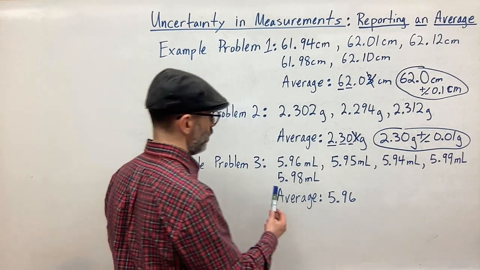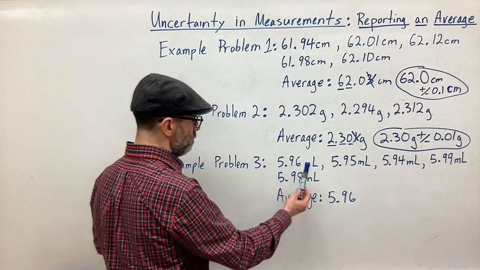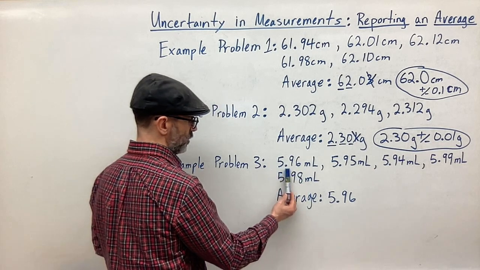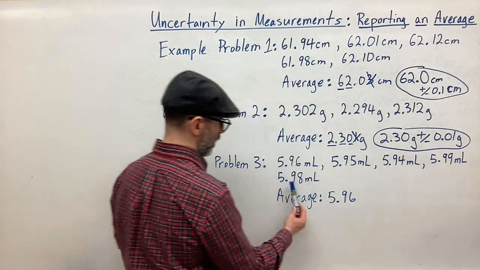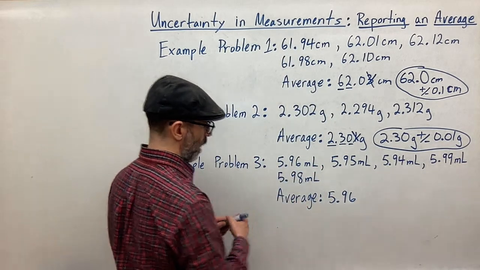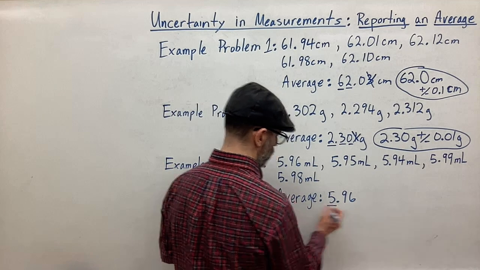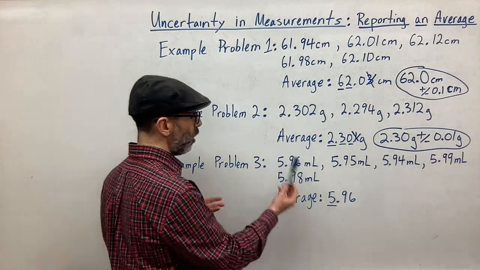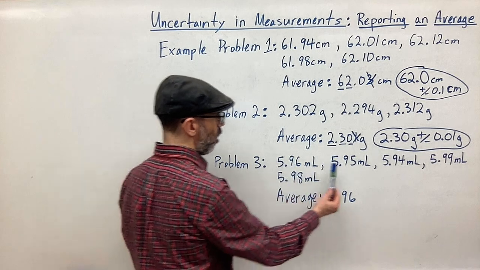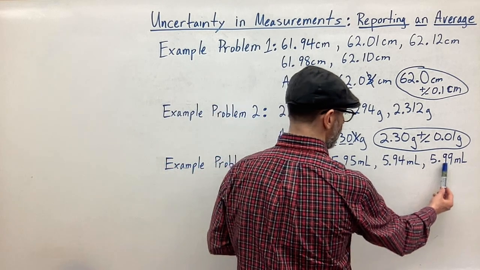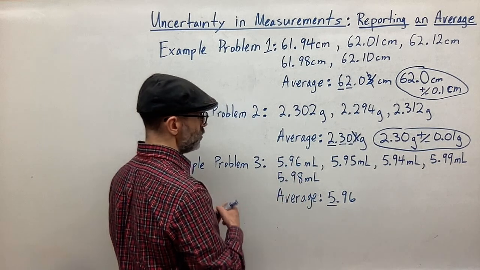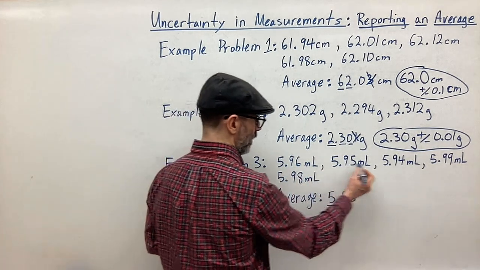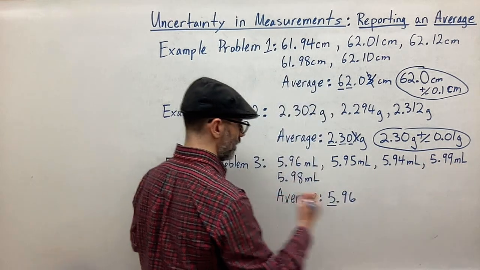So you'll notice here that for my first digit, all my measurements agree in the first digit. So I'm going to keep that one. That one is certain. And also you'll notice that they all agree in the second digit, which is in the tenths place. So I have a 9 in all of these. So that is certain.